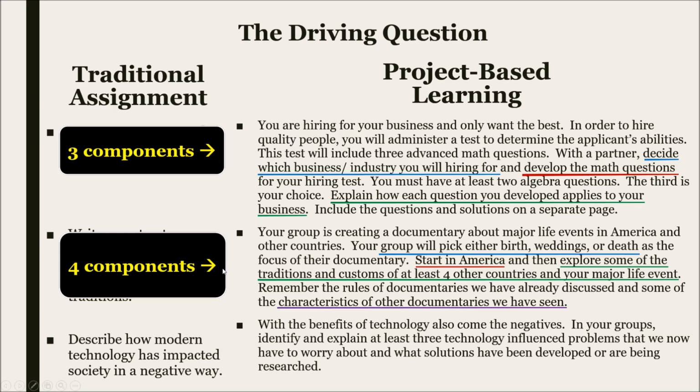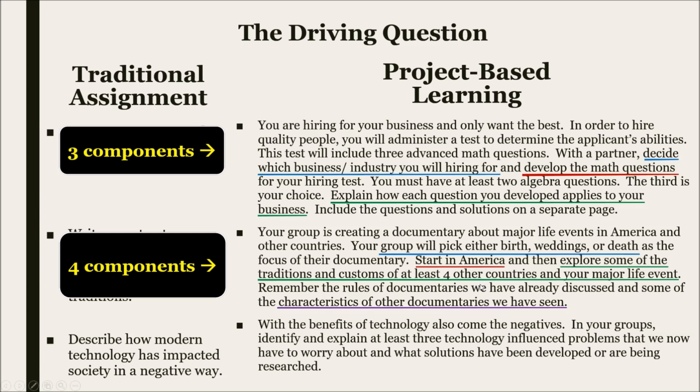Now, you may be looking at this and saying, but this was a writing assignment. I don't see any writing in this particular assignment. Well, there's nothing that says you can't add a 5th component that is a writing component. In order to get this information, they're going to have to research traditions and customs of American culture and 4 other countries.